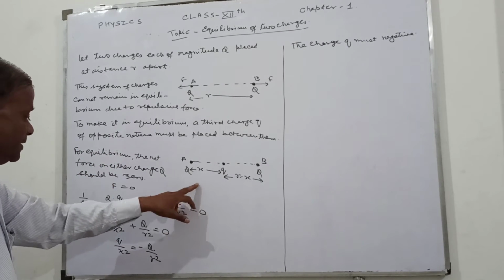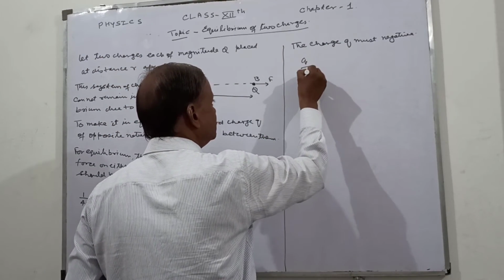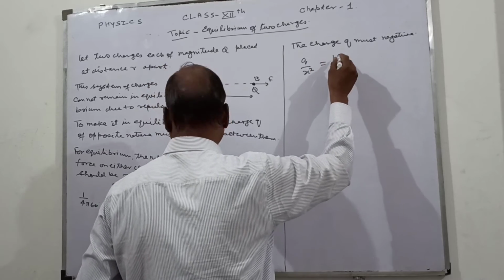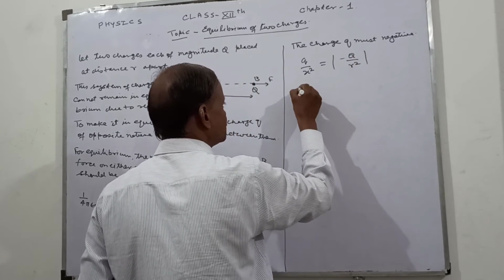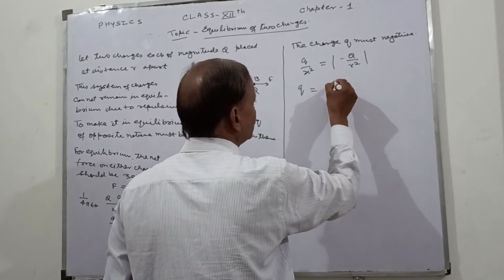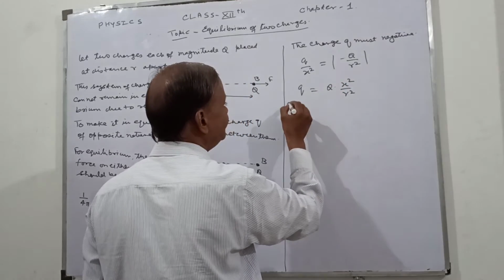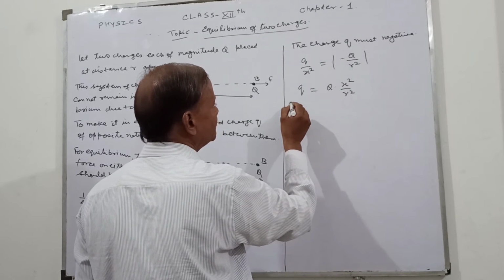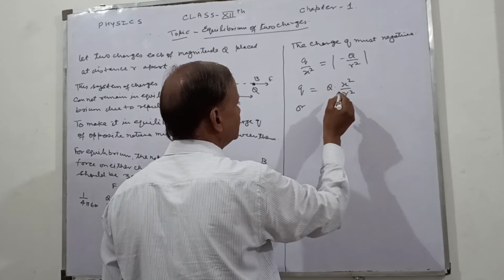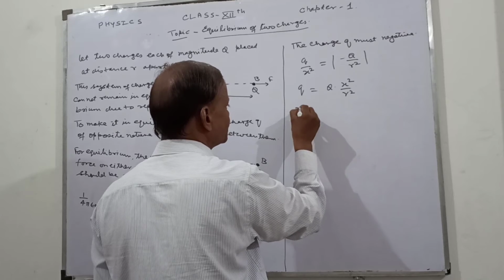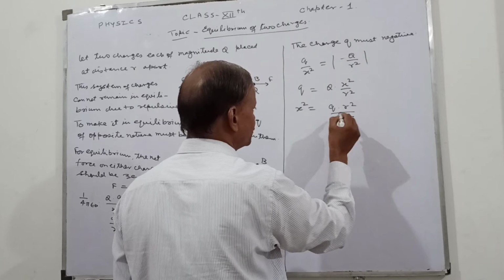Then the distance from this one we can find if we take the magnitude: q upon x square equal to magnitude of minus Q upon r square. So this q is equal to Q into x square upon r square. Or this x square equal to Q into r square upon q.